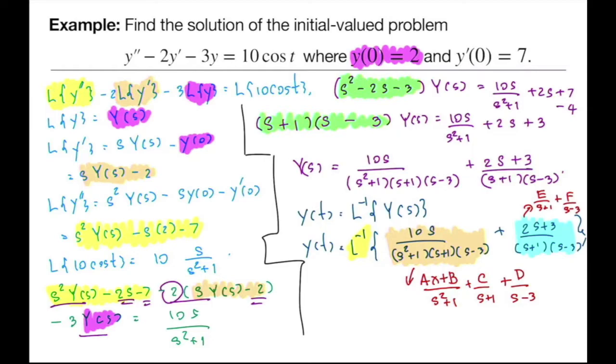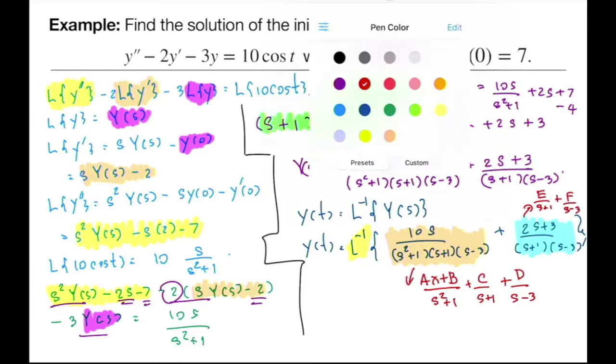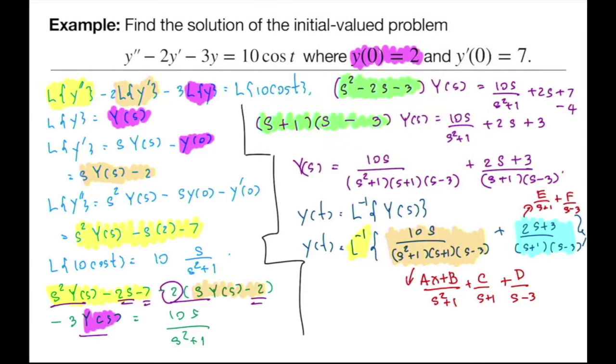So basically we need to use partial fractions, and then after that we can find the inverse Laplace transform. Okay guys, I am not going to do the partial fractions for you. You can try doing it yourself, but if you can't manage to do the partial fractions, just let me know. But right now I assume that all of you can do the partial fractions.